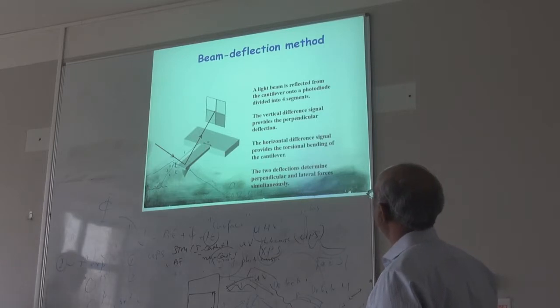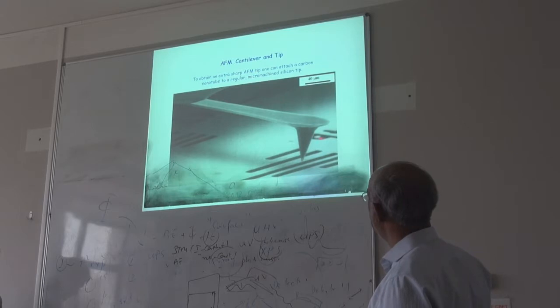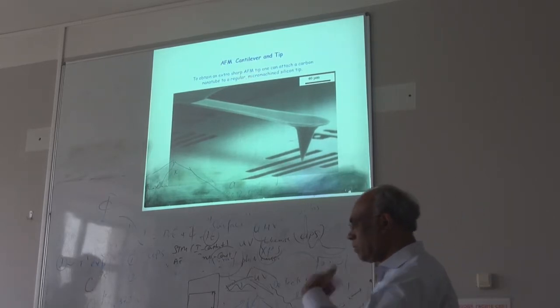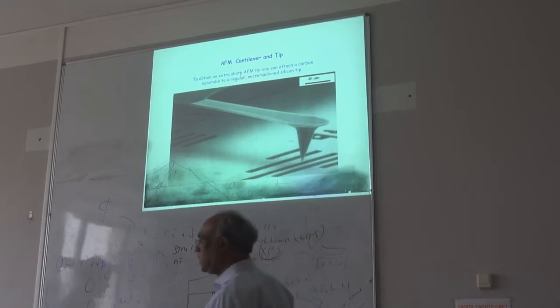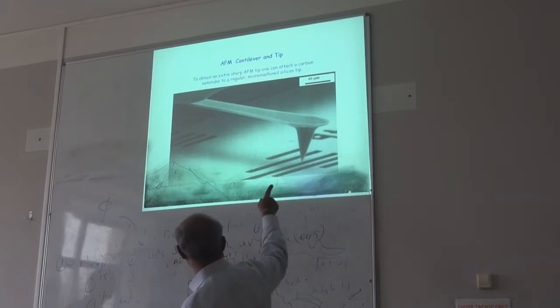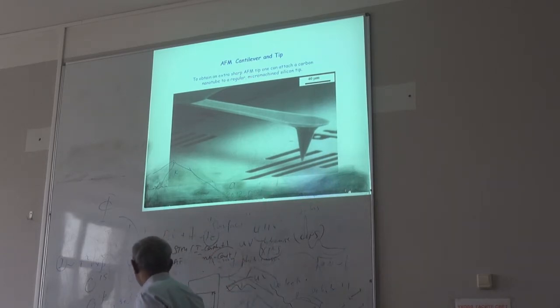So this is how this reflection is measured. So here is a standard AFM tip. Nowadays, one of my former students and her husband started a new company. What they do is they grow, this is the silicon cantilever, something like this, right?